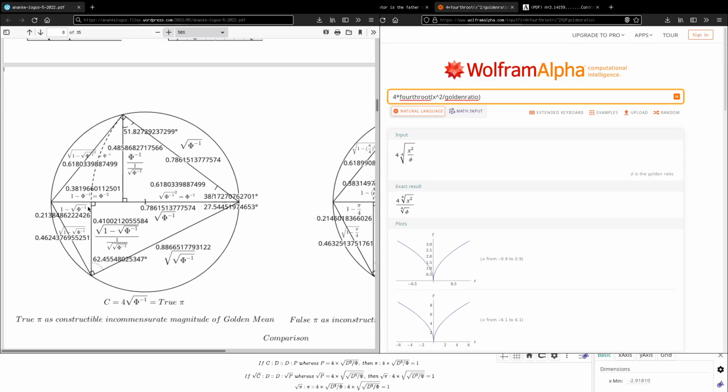And all you have to do is to divide the square of the diameter into phi. So the phi cut will be here. You could do this with any circle, any diameter magnitude, it doesn't matter ultimately.